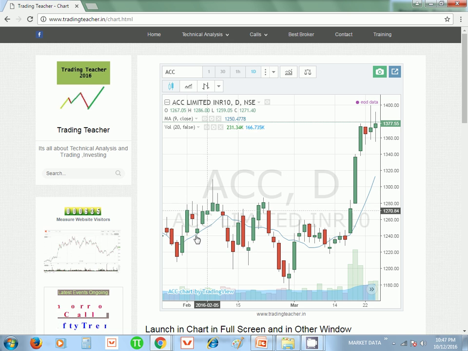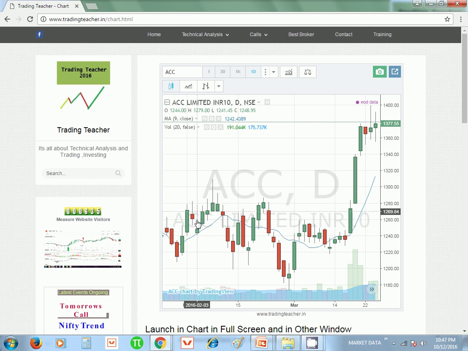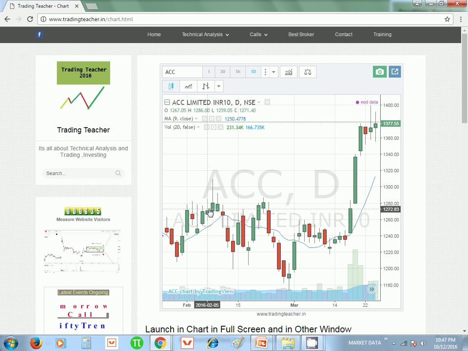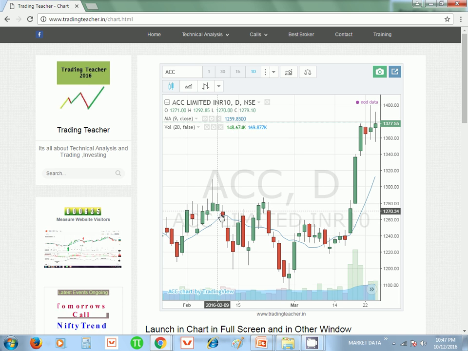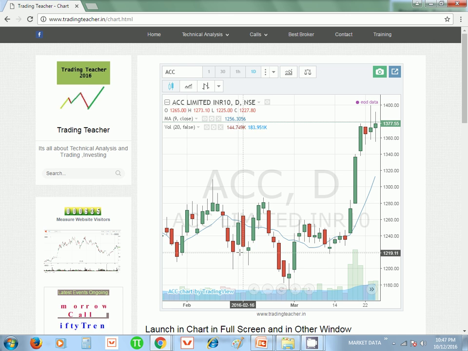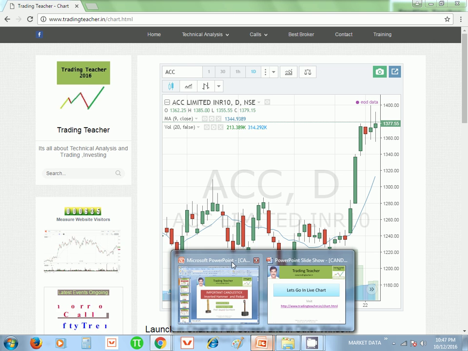Look here, the current trend is downtrend, and in this downtrend the inverted hammer was formed and the market is rising. After some 2 or 3 days, here we are finding 2 shooting stars and the market has fallen. If we find the shooting star in an uptrend, then the market will fall exactly like this.